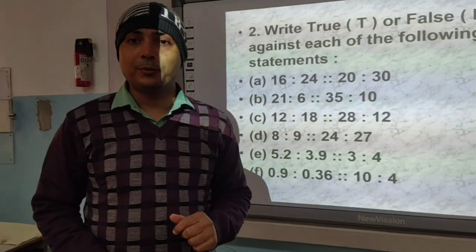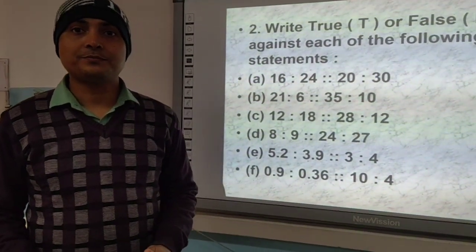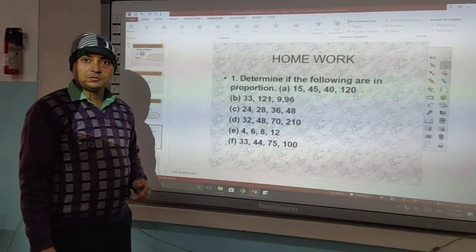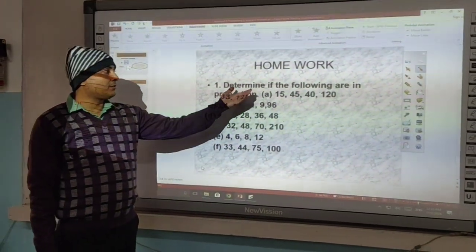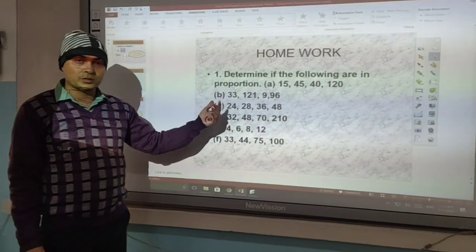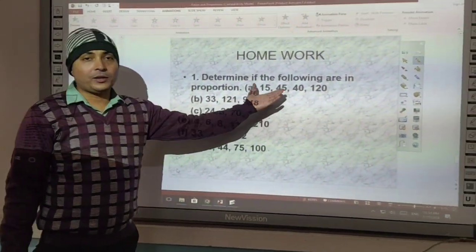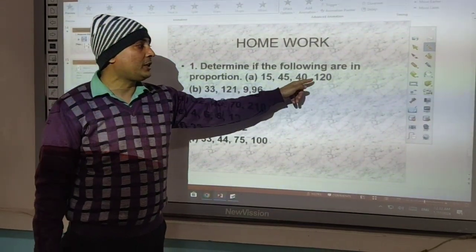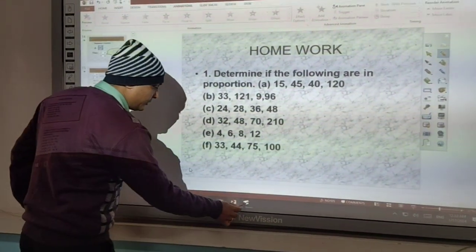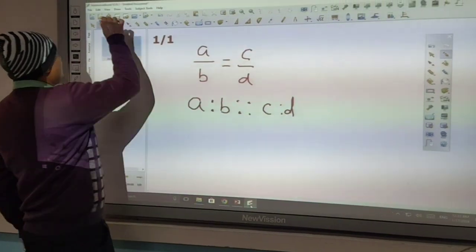Now see one example of the previous question. In this homework, the first question was to determine if the following are in proportion. How to determine? For this, I am solving one question. I am taking the numbers 15, 45, 40 and 120.